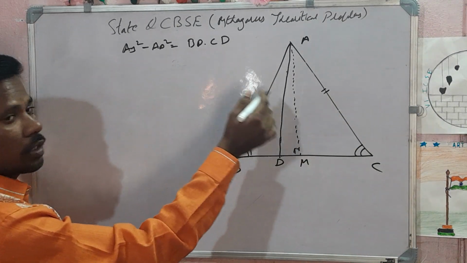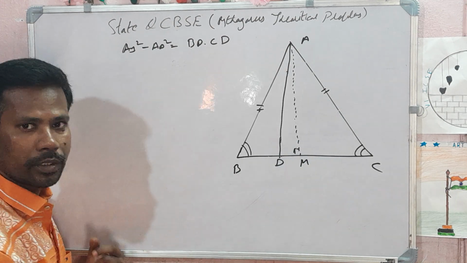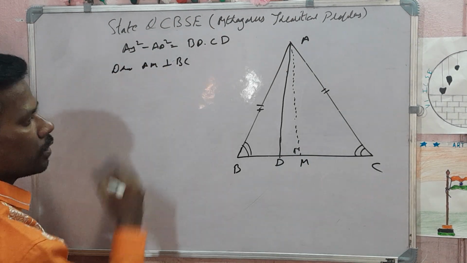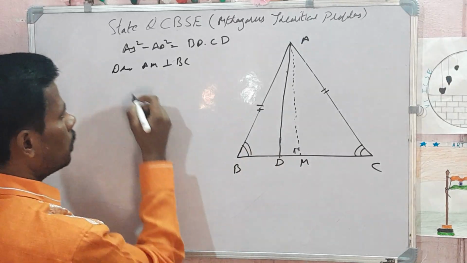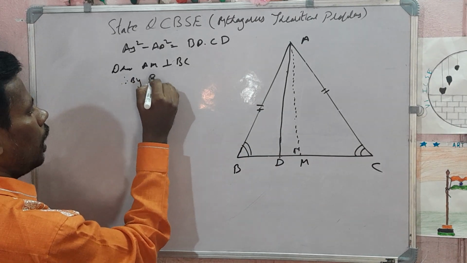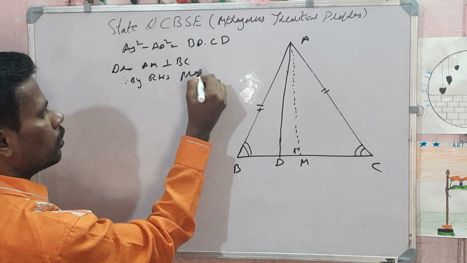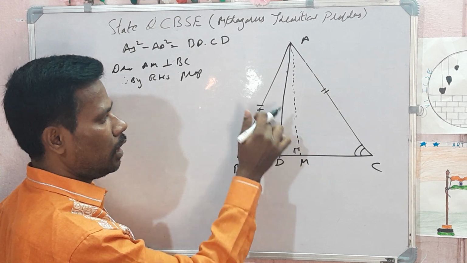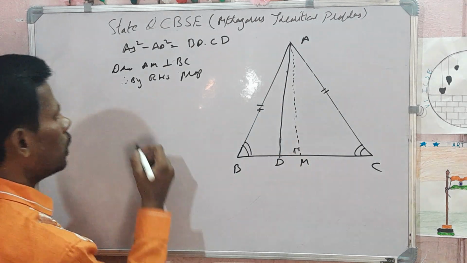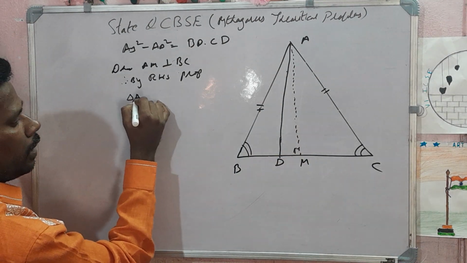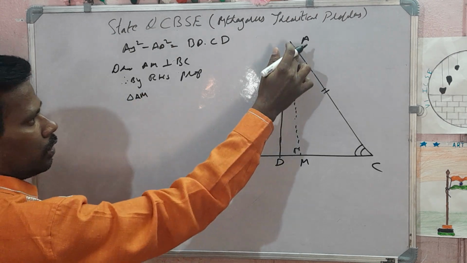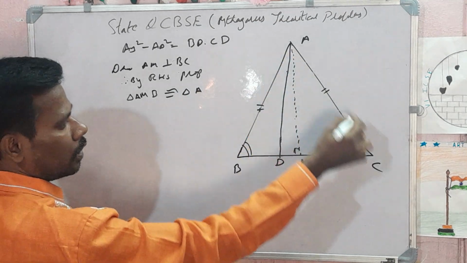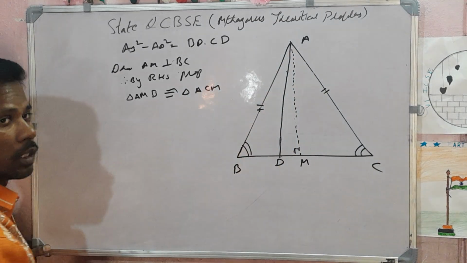For this you need a construction. Draw AM perpendicular to BC. Therefore, by RHS property, right angle, hypotenuse, side, triangle AMB is congruent to triangle AMC.